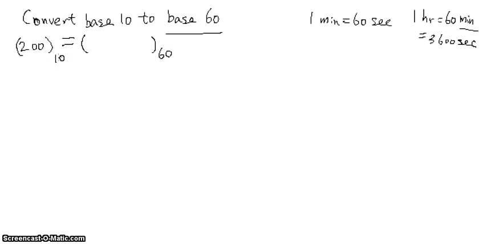When they say it's base 10, it pretty much means the last digit means how many ones, the next means how many tens, and the next means how many hundreds. If it's base 60, then the last digit again means how many ones, but the next digit will be how many 60s, and then how many 3600s, and so on.